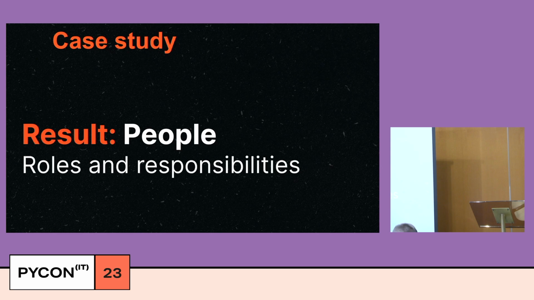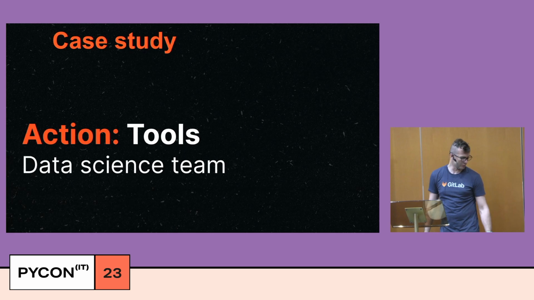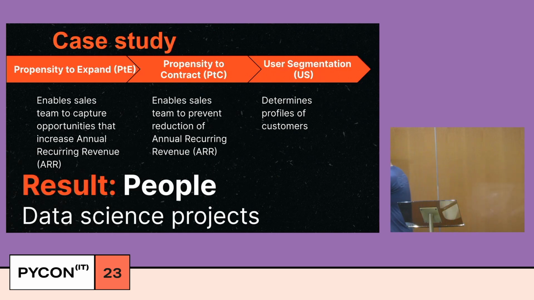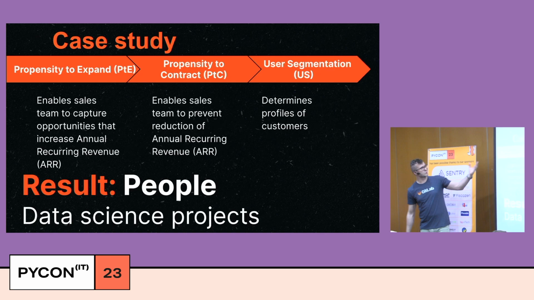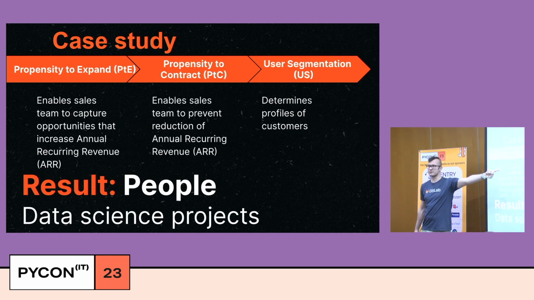People, roles, and responsibilities. As I said, a recently created team is the data team, and the data science team is our youngest colleagues. Why is this cool? I'm a data engineer. My work is so dirty, not so attractive to people, and also a great shout out to these guys. Few projects: propensity to expand, to contract, and user segmentation.